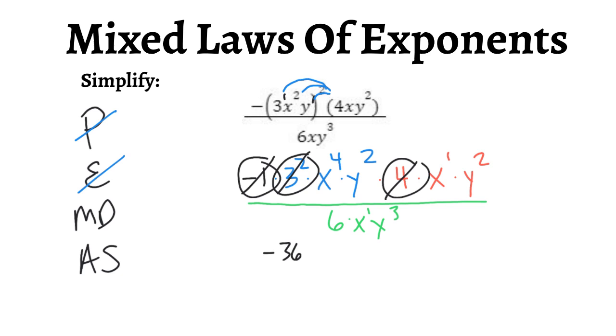Now I'm going to combine the x's on the numerator because I'm multiplying. When I'm multiplying x to the 4th times x to the 1, remember we add the exponents. So we have 4 plus 1, and that leaves me with x to the 5th power. 4 plus 1 is 5.